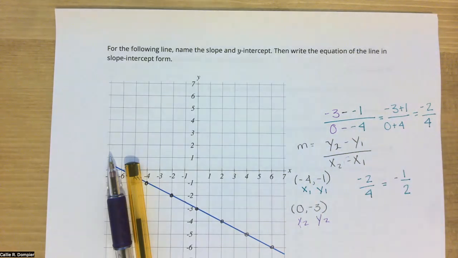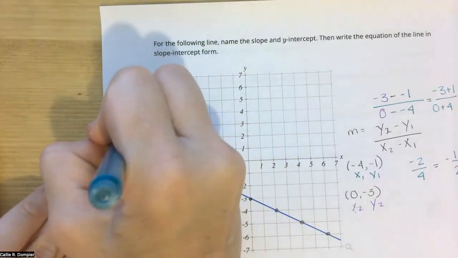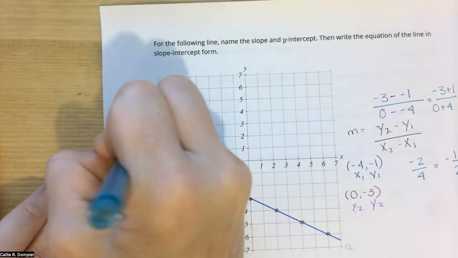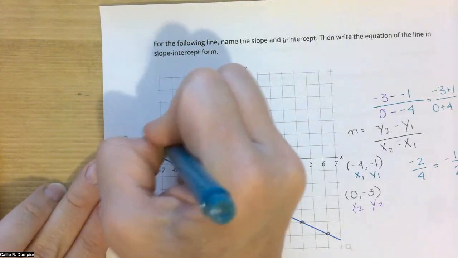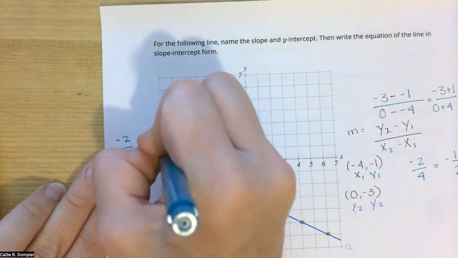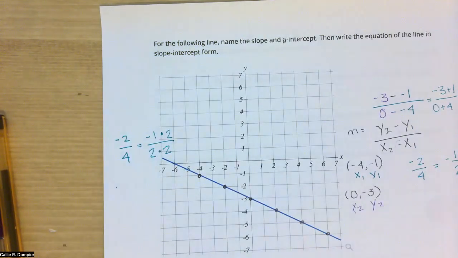Why? Because 2 is a factor of 4. So if I have -2 divided by 4, I can change that to -1 times 2 divided by 2 times 2. And then I can cancel those and I'm left with -1/2.